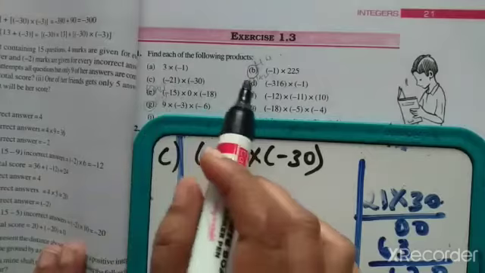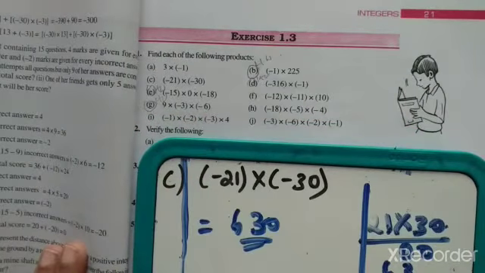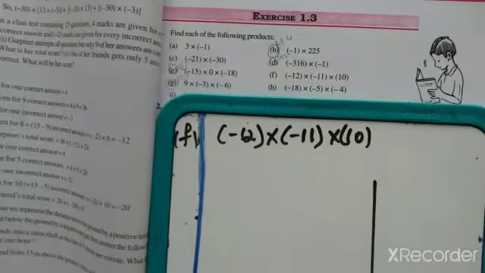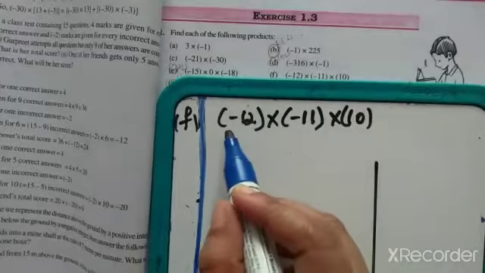21 into 30 is 630, the answer. Now (c) is over. Next is (f): minus 12 into minus 11 into 10. Now we have to multiply any two numbers.